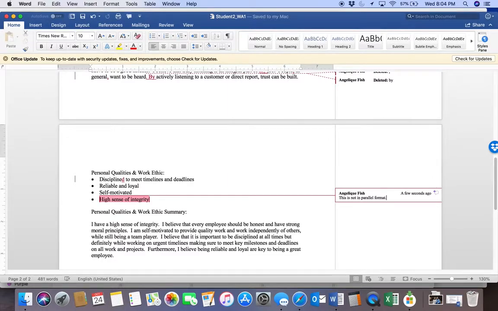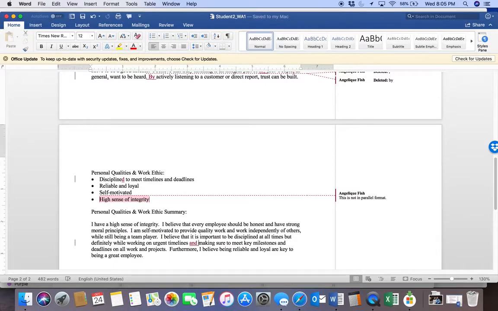Furthermore, I believe being reliable and loyal are key to being a great employee. Okay, so that could be developed a little bit more because it doesn't really summarize much about being reliable and loyal. So we'll just maybe trim it to: while working on urgent timelines and making sure to meet key milestones and deadlines on all work projects.